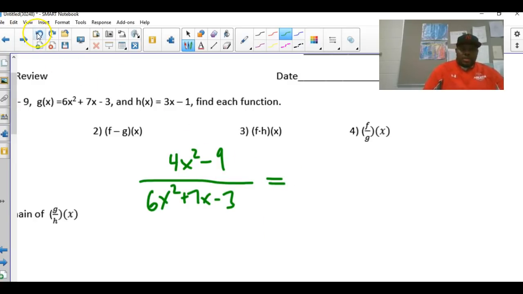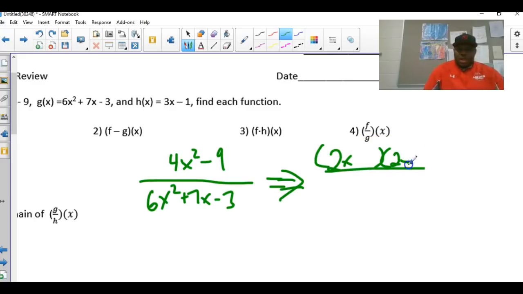The top one is a difference of two squares. We can factor that: 2x times 2x gives me 4x squared, and then negative 3 and positive 3 gives me negative 9.